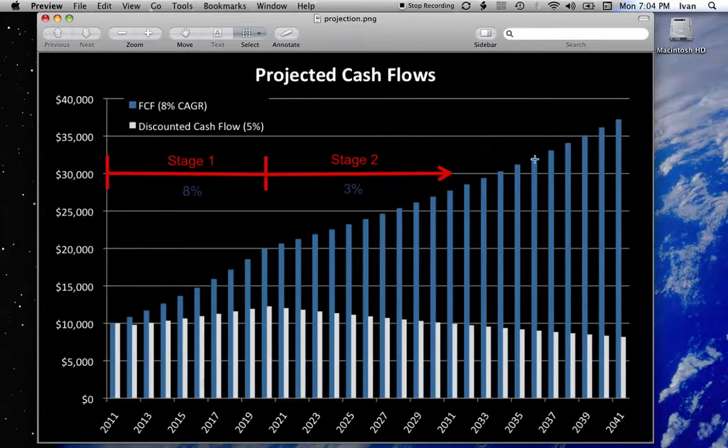In stage 1 we applied an 8% CAGR. In stage 2 we put in a 3% CAGR. And so the blue bars show how free cash flow grows over time using that projection. At the same time, the white bars show how that cash flow discounts when we apply the 5% discount rate.